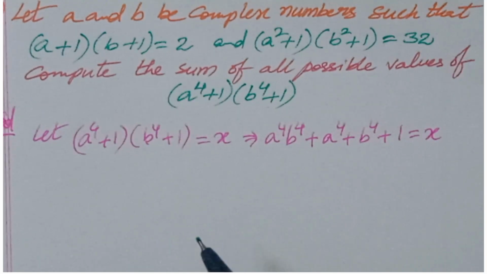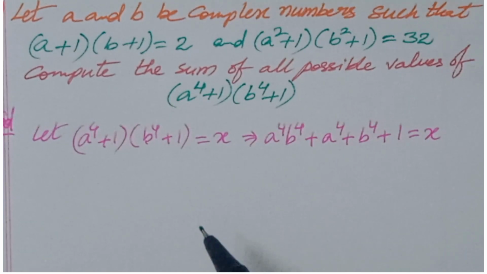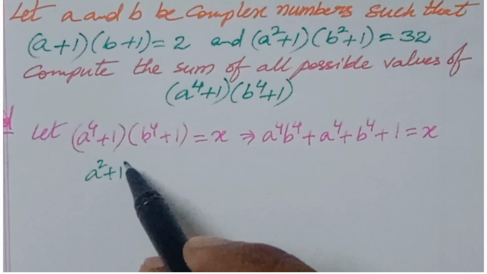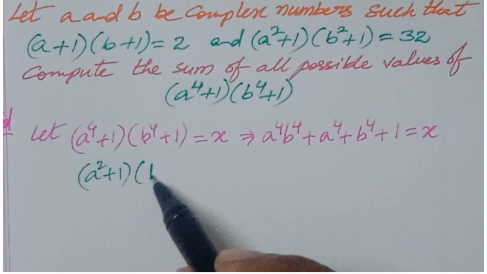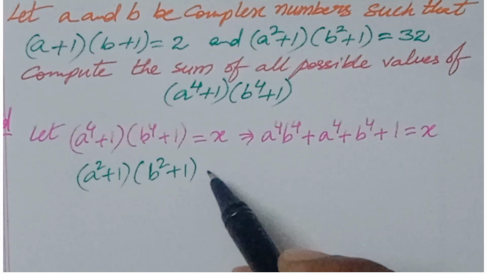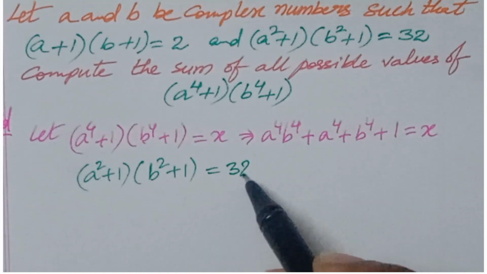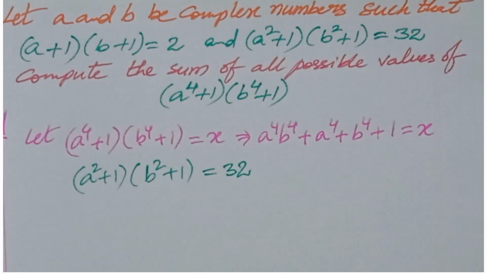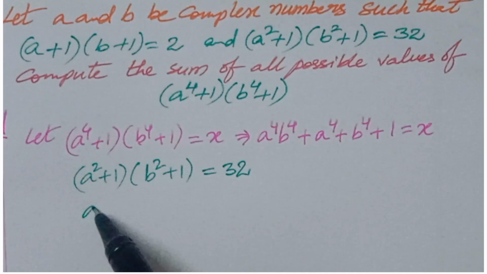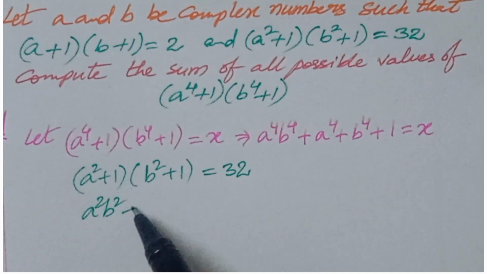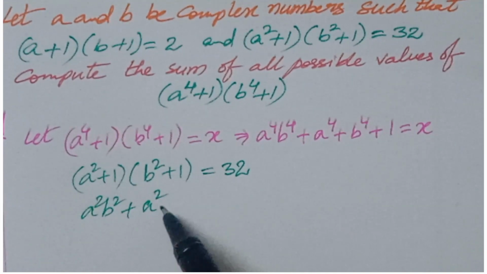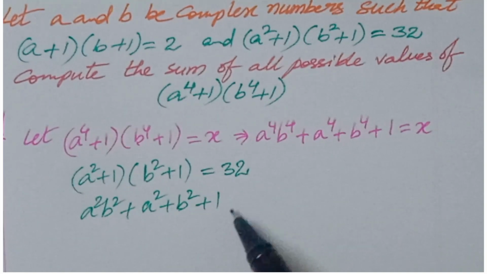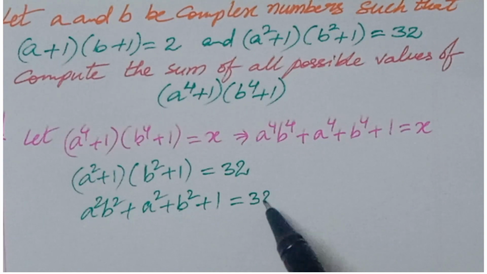Now the second one, what is given? (a square plus 1)(b square plus 1) is equal to 32. If you multiply this, a square b square plus a square plus b square plus 1 is equal to 32.